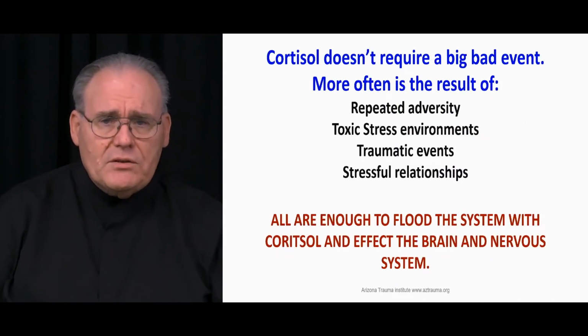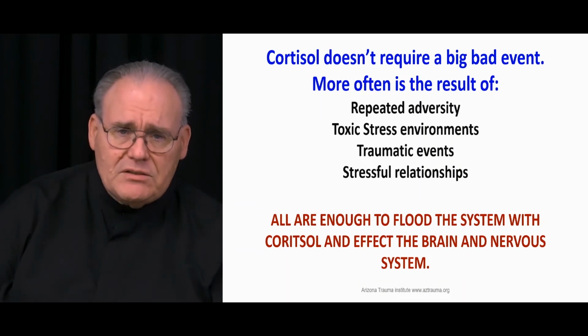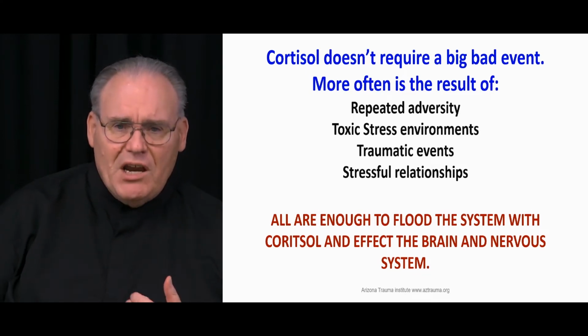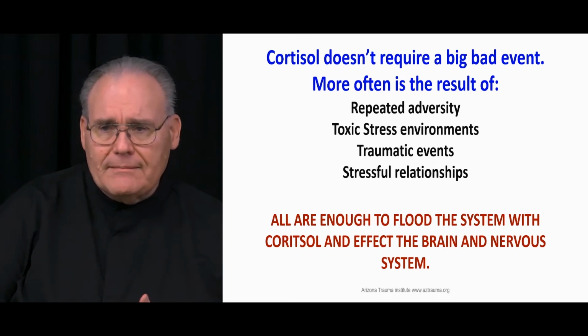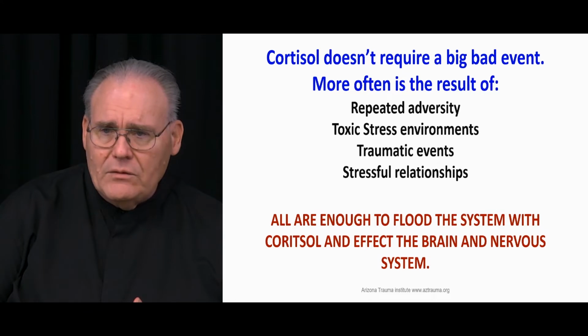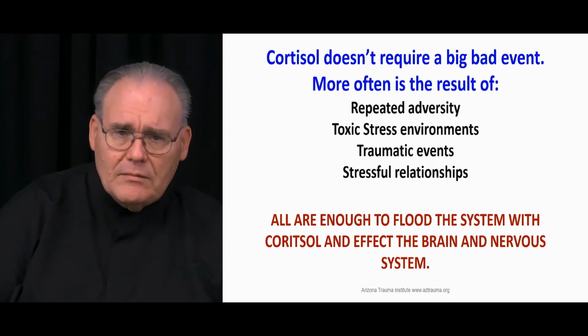So cortisol doesn't require a big bad event. More often than not, it's the result of repeated adversity, toxic stress environments, traumatic events, and stressful relationships. Well, you look at that list and you can see a lot of room for people having too much cortisol in their system.